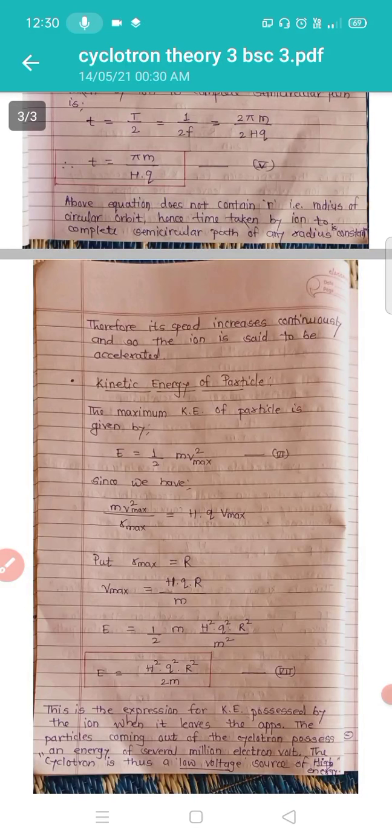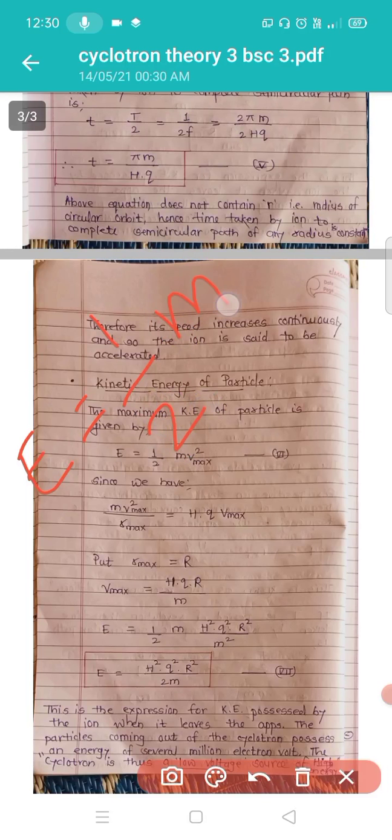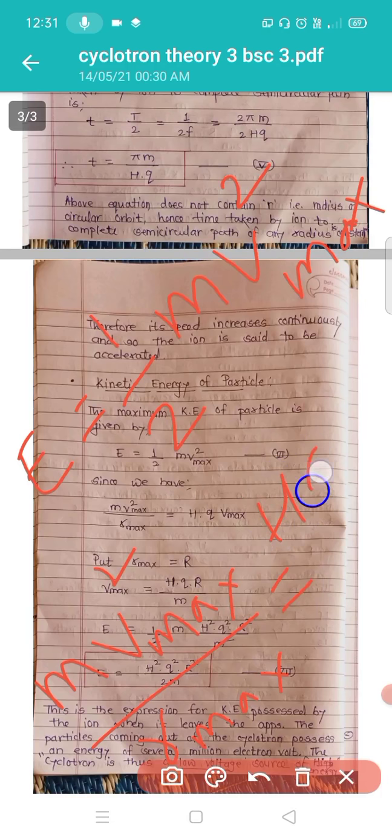The maximum kinetic energy of the particle is given by E is equal to half m v max squared. Since we have m v max squared upon r max is equal to H q v max.